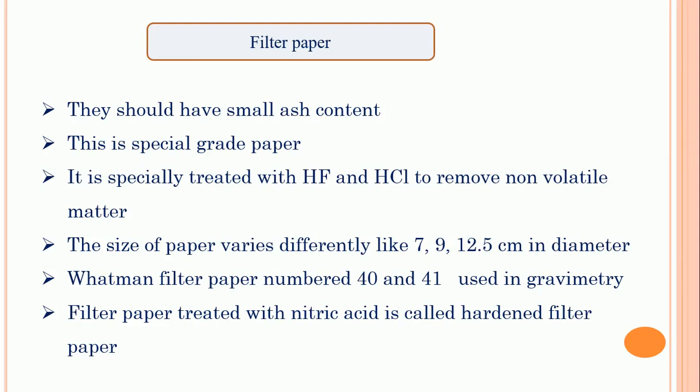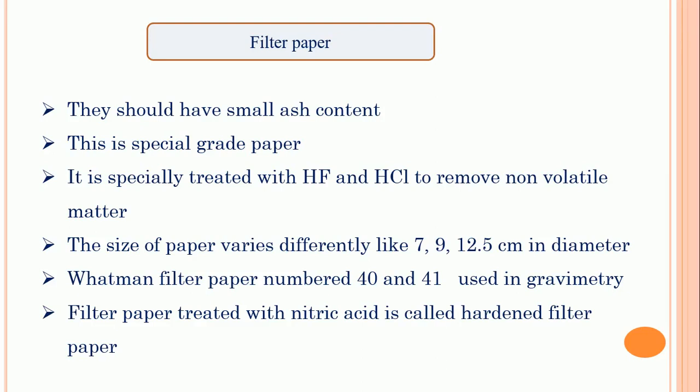Suppose a higher amount of precipitate is there, then we can use 11 or 12.5 centimeter diameter filter paper, and if the precipitate is at micro level, then we can use the 7 centimeter filter paper. So it depends on the amount of precipitate.